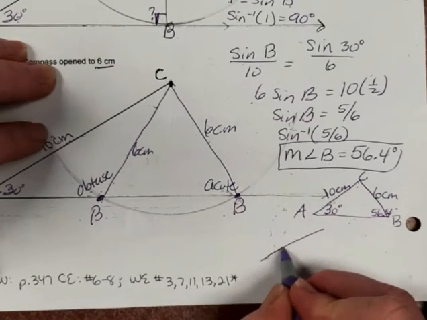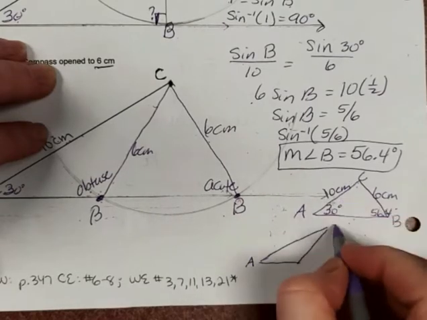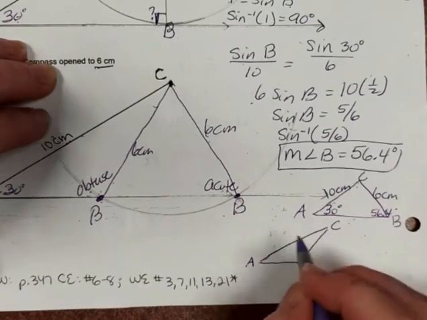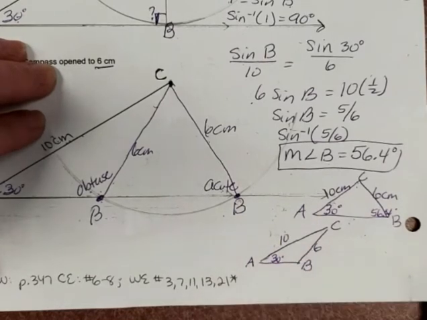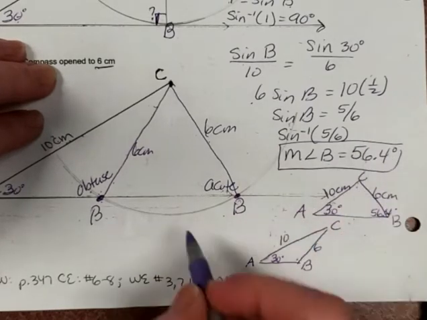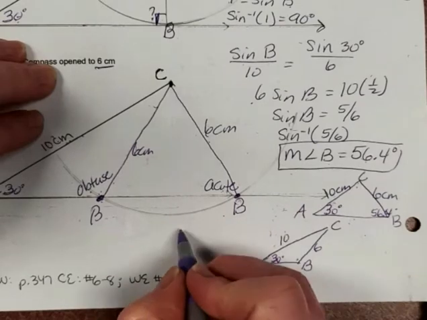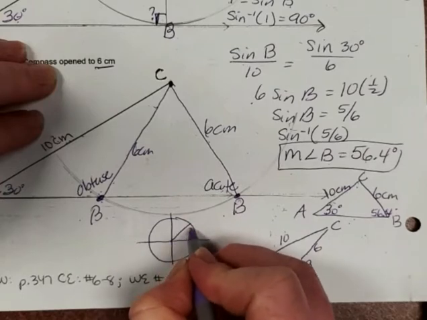So the obtuse triangle looks more like this. And we know that this is 30 degrees, this is 10, and this is 6. To find this obtuse angle, I'm going to have to subtract this angle measure, 56.4, from 180. That's because there's 2 angle measures that have a sine of 5/6.